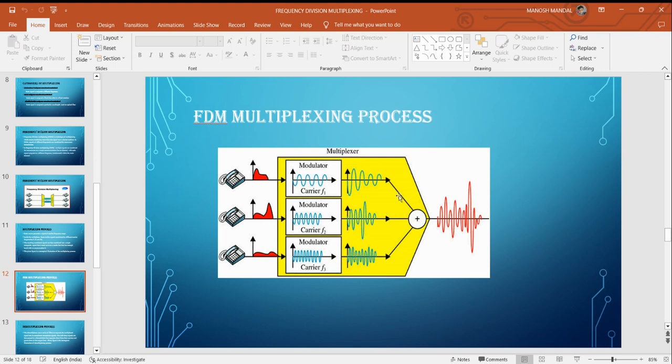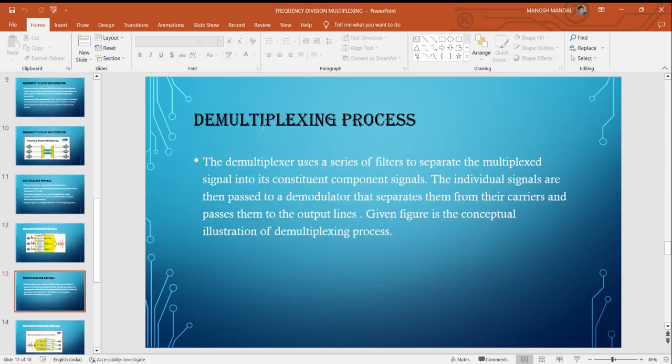Then a multiplexer multiplexes the three frequencies into a composite signal that is transmitted through the channel.